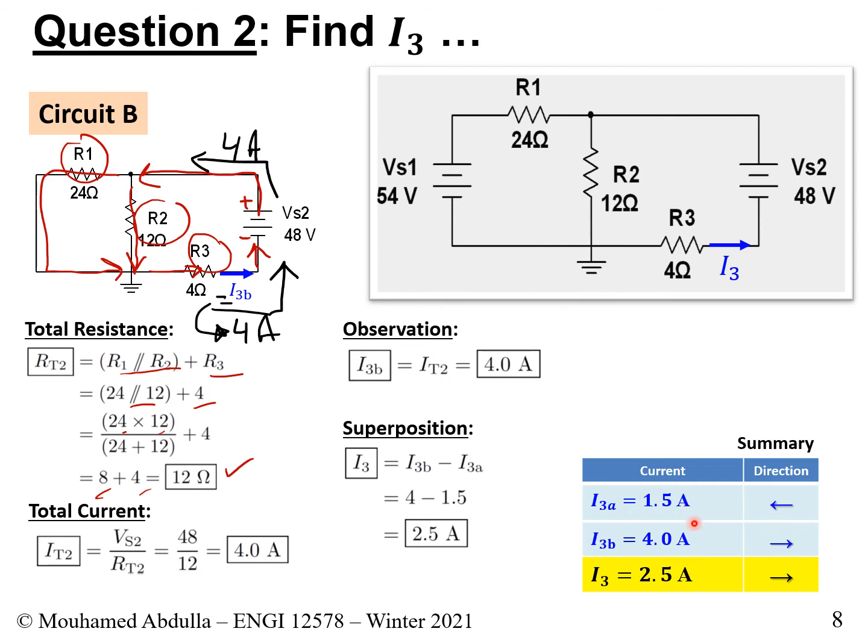If we do the resultant of both, the total current will flow to the right by doing 4 minus 1.5, and we'll get a resultant current flow of 2.5 amps flowing to the right. And this is the final answer that we get.